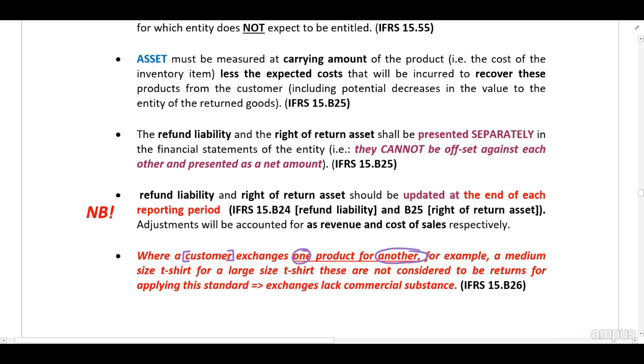This will not be included in our returns for applying this standard because it lacks commercial substance. Again, when we think about commercial substance, this is where a transaction and changes to the transaction has an effect on our future economic benefits. Therefore, if a customer exchanges a t-shirt due to size for the exact same t-shirt, this will not be part of this standard.